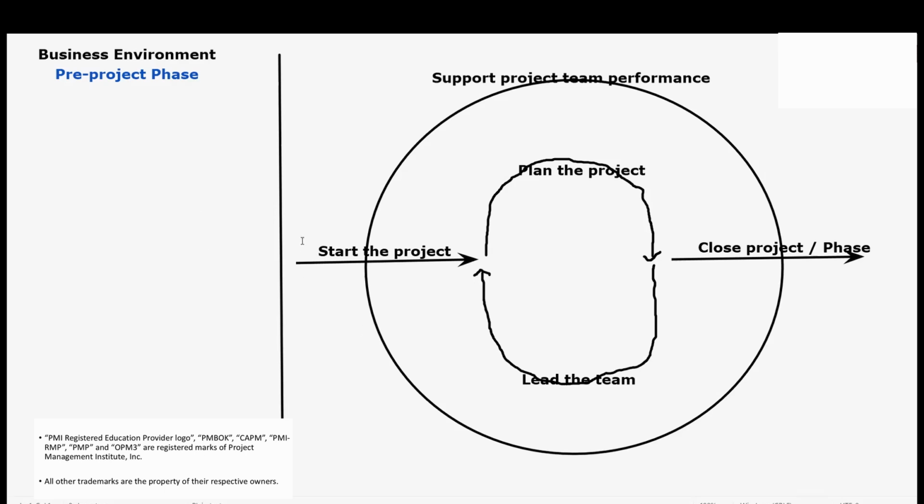When you talk about starting the project, this is what usually in a project environment we call the initiating phase. And then as usual, we need to start with a planning phase. We need to do the executing phase, monitoring and controlling phase, and finally closing phase.